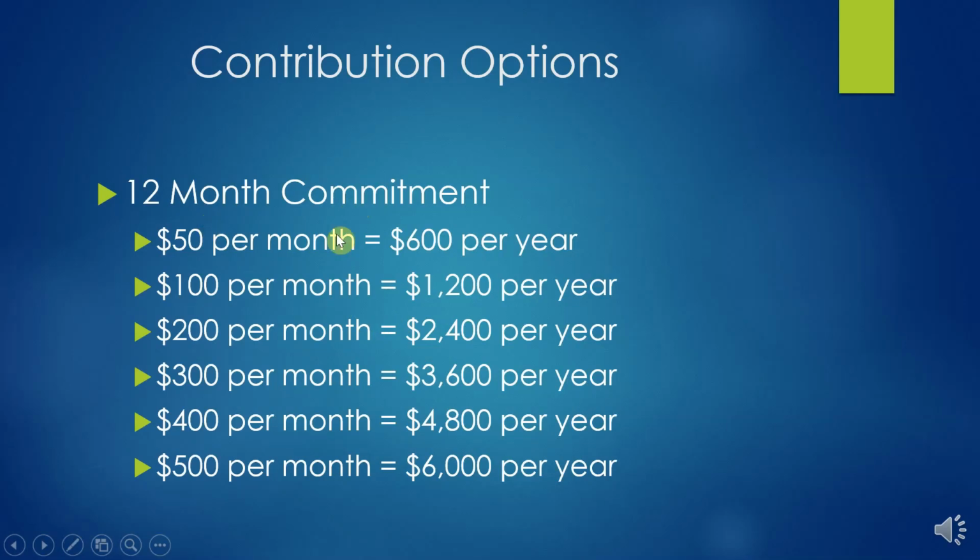So to give you an example, these are the options that we're currently looking at that should be up on the website under the contribute page. Looking for minimum $50 a month or $600 a year, and up to $500 a month or $6,000 a year. Now, this may seem like a lot of money, and for some who are still paying on their routes, yes, it is a lot of money.